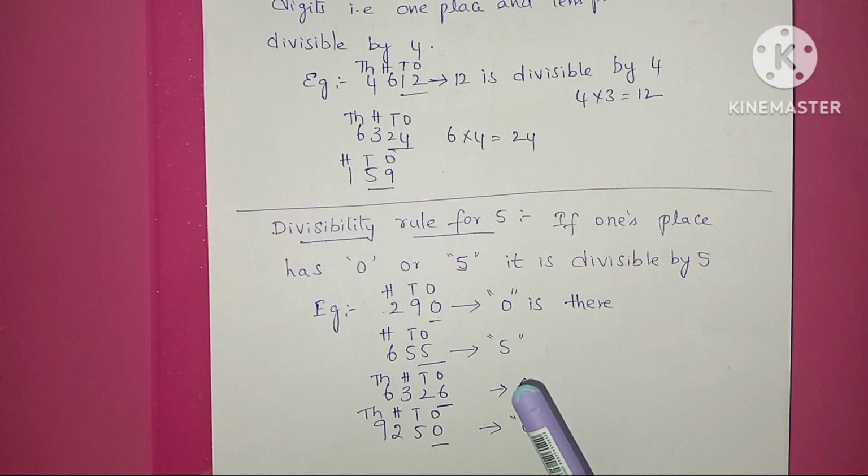So far we learned the rules for these four numbers, 2, 3, 4 and 5. It is so easy if you learn it, without doing such a big division for each number. If you know the rule, we can say it without doing division.